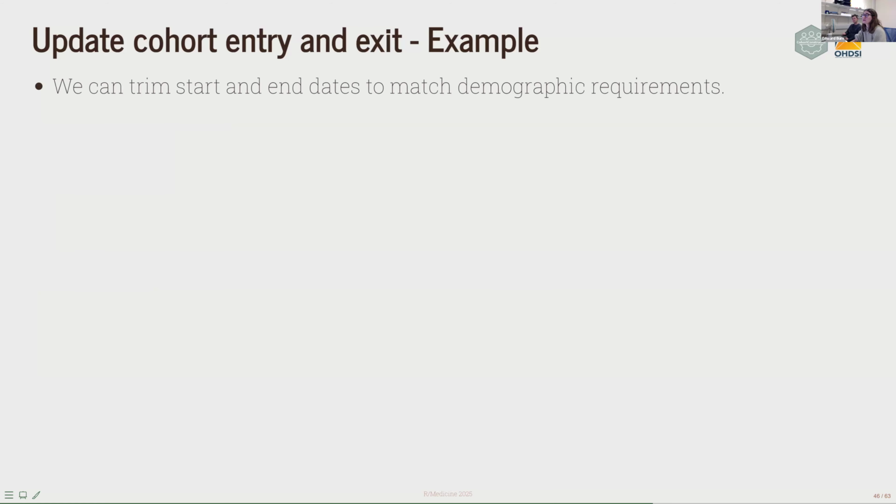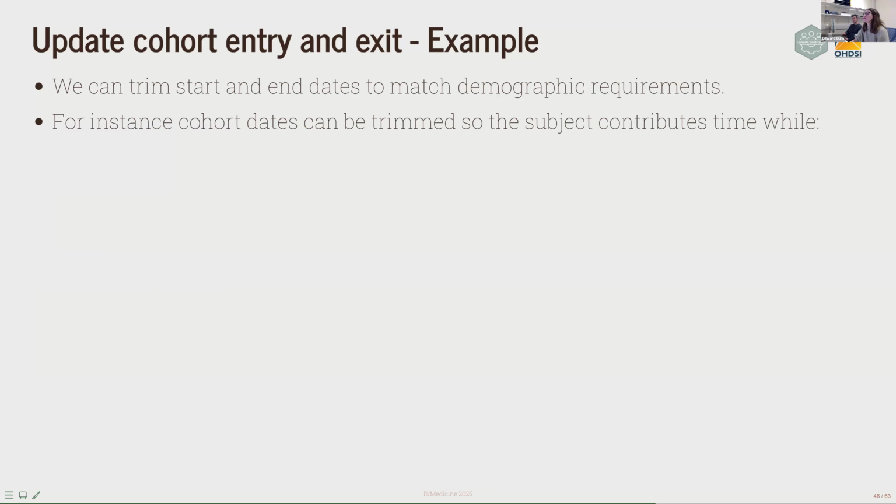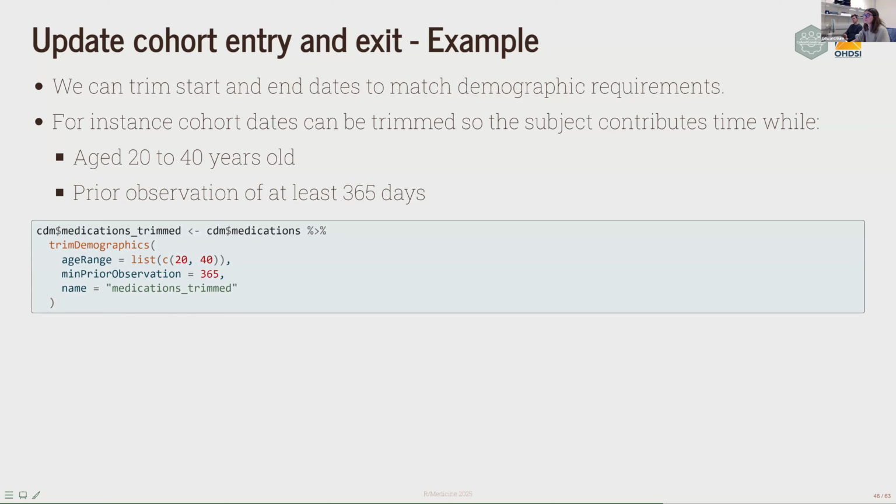As an example here, we are going to use the trim demographics function. And what we will do is trim the cohort start and end date of subjects so they only contribute time while they are aged 20 to 40 years old and when they have a prior observation of at least 1 year. So we pass the cohort as an input, and then we use the arguments age range and minimum prior observation to apply this trimming criteria.